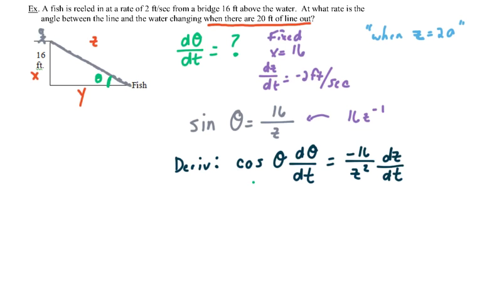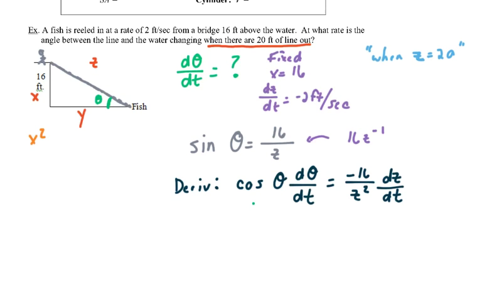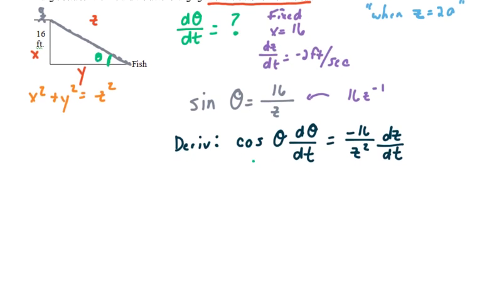We love right triangles, because what it means is that I can go back and use this piece of information that z equals 20 and x equals 16. Let me write it out one more step. We can say x squared plus y squared equals z squared. So at this z equals 20 moment, 16 squared plus y squared equals 20 squared.